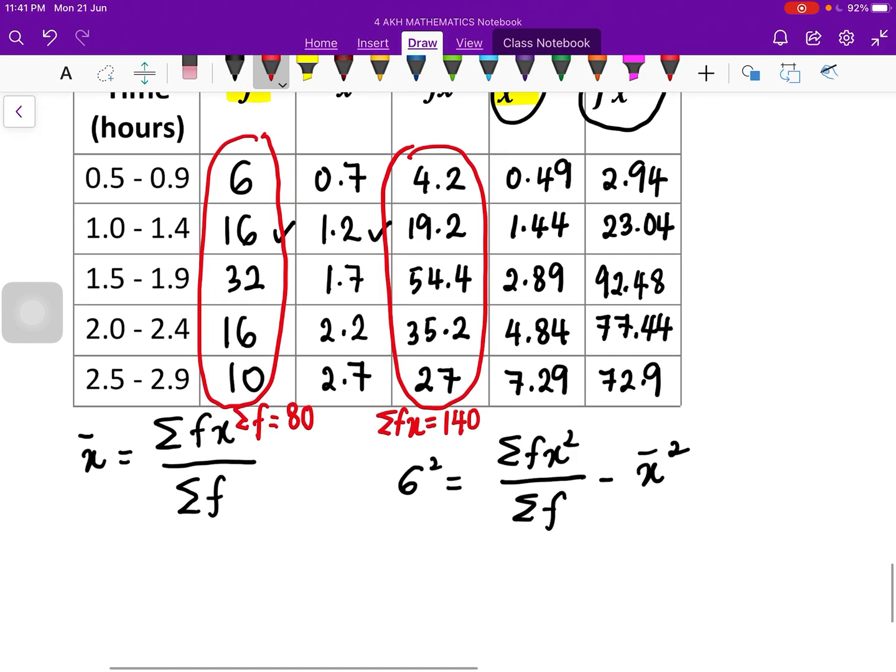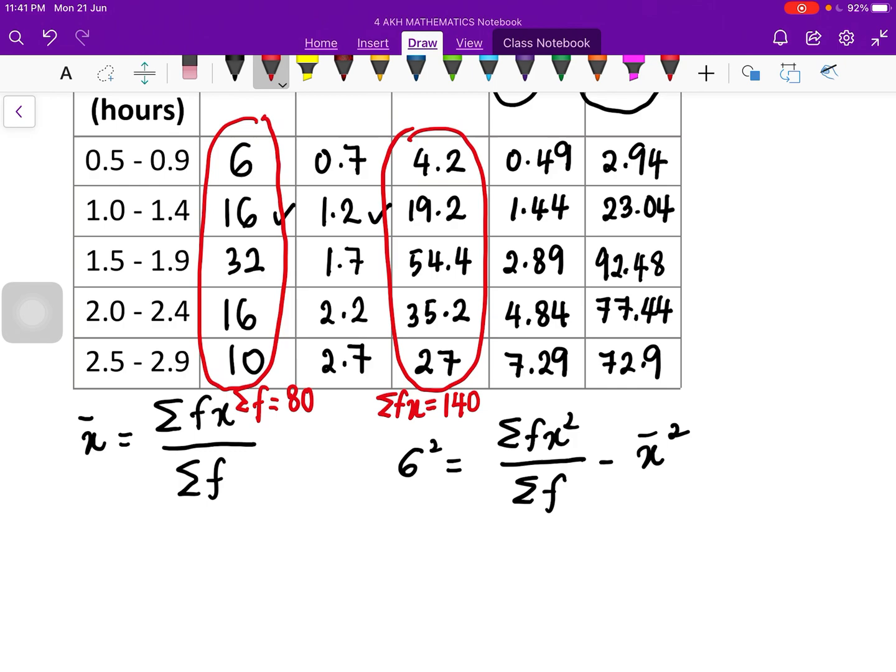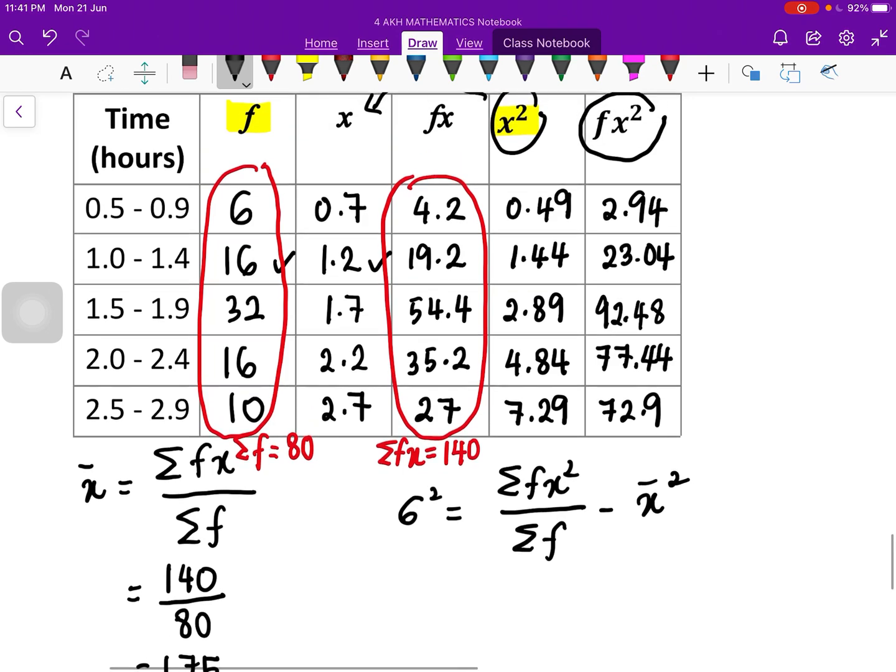Okay, so substitute the values that you get into the formula. So sum of fx is 140. Divide by 80. So your mean will be 1.75. Okay, and then let's look at the formula for variance. So variance, we have sum of fx square. So sum of this. So jadi ini kita kena tambah.